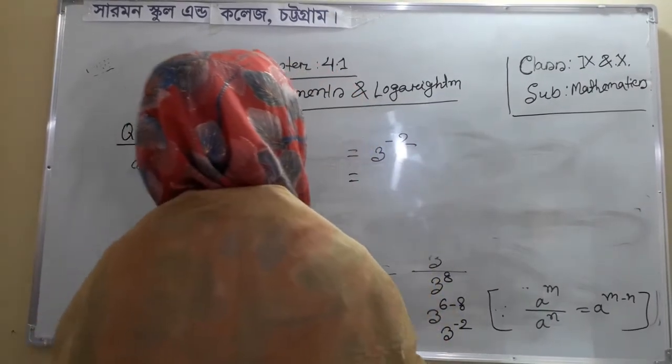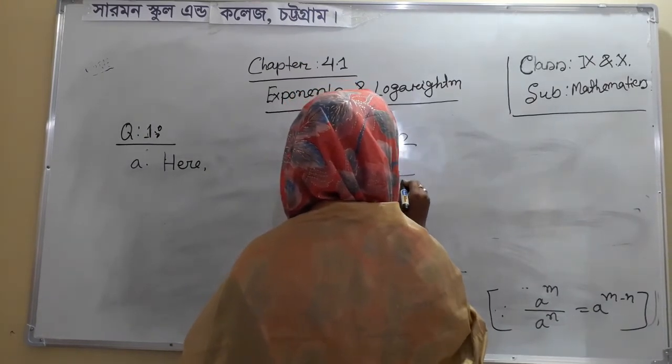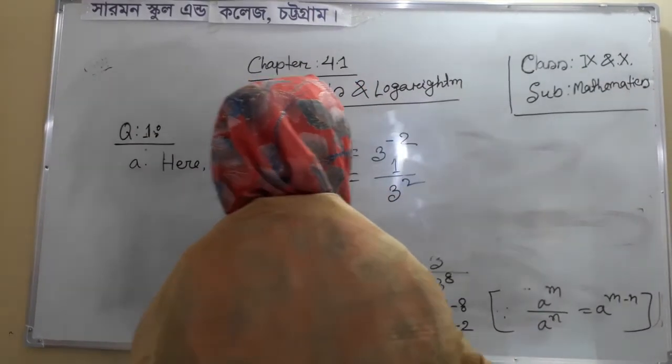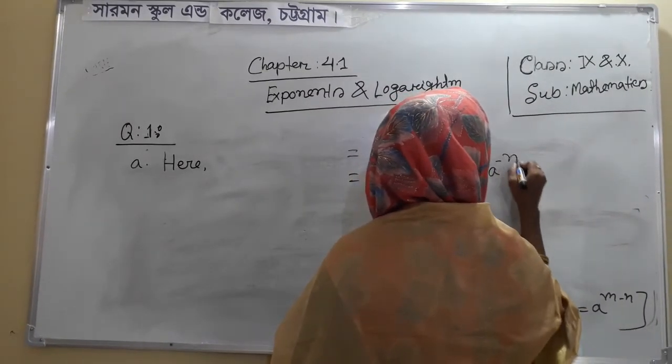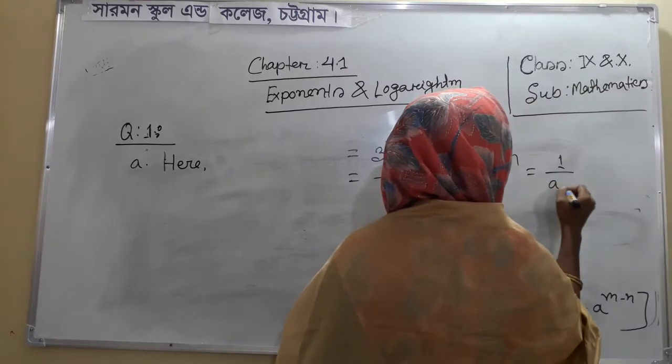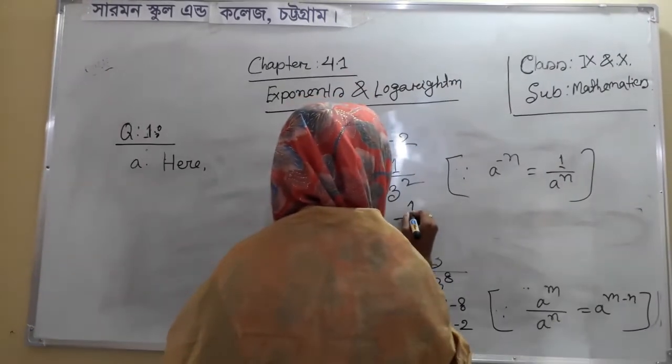Here we have negative indices, so we can write 1 by 3 square, since a to the power minus n equals 1 by a to the power n. So 1 by 9.